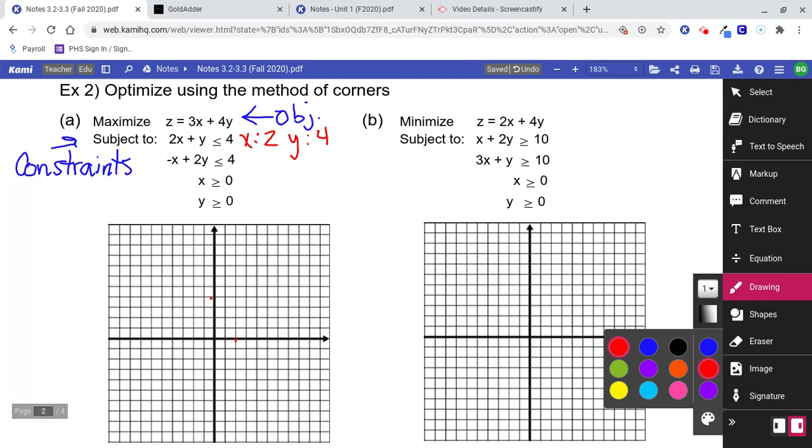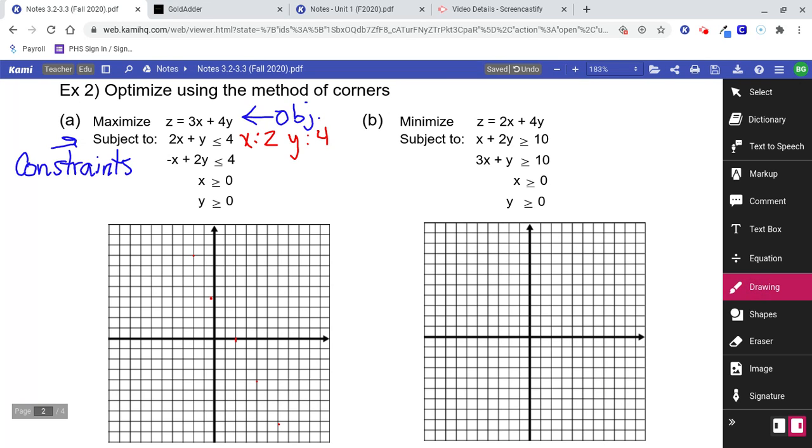If you want, you can extrapolate the slope. If I go down 4 and right 2, I'd have another dot there, or up 4 and left 2, if you want. You can do more dots if you want. Can you even see those dots? Let me try to use my line tool and see if I can make it look even better.